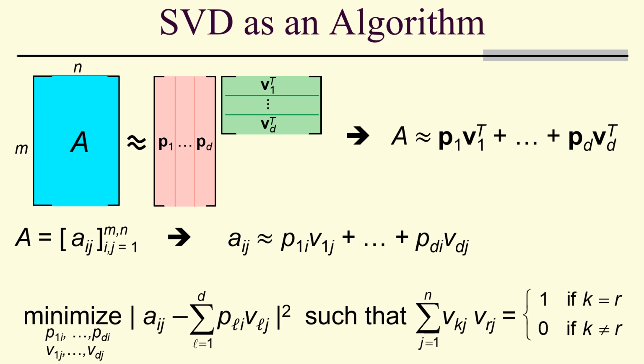This is in terms of the squared Frobenius norm of this sum and these A_ij's, with the constraint that V sub D transpose V sub D is the identity, which is represented by those sums being equal to 1 or 0 respectively.